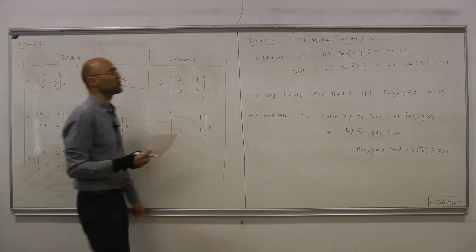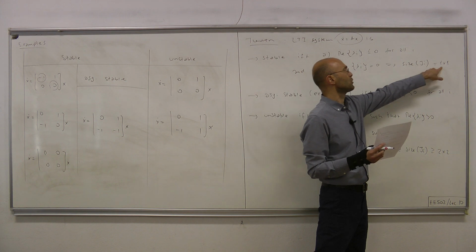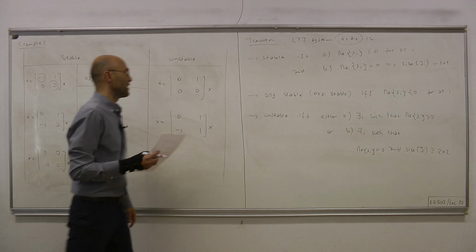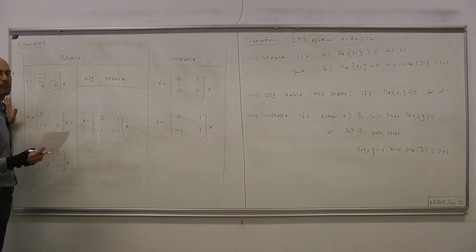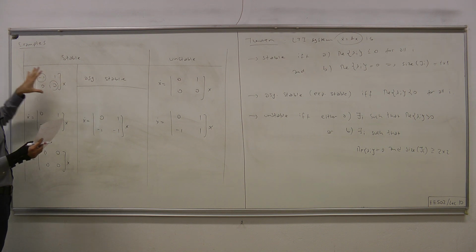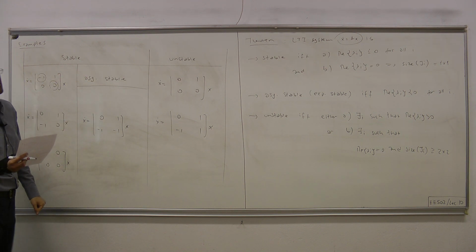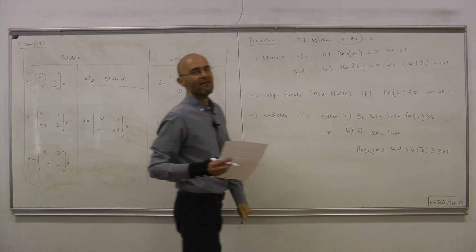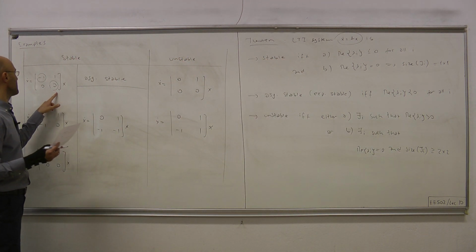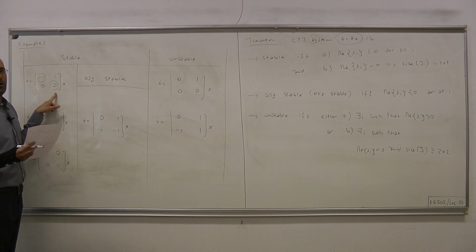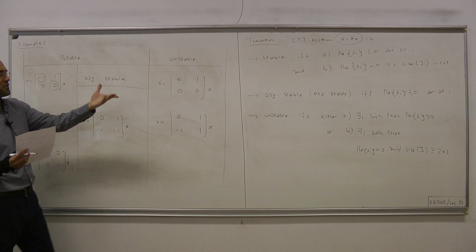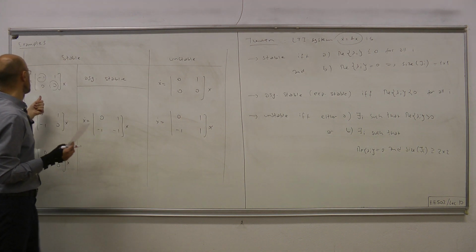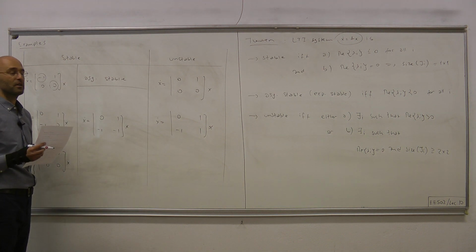Since the size of the Jordan block corresponding to it is 1 by 1, we say that this system is stable. How about asymptotic stability? Although this system is stable, it's not asymptotically stable because for asymptotic stability we require that all the eigenvalues have negative real parts, but here we have an eigenvalue on the imaginary axis. Therefore, that condition is not satisfied. Hence, the system is stable, but not asymptotically stable.